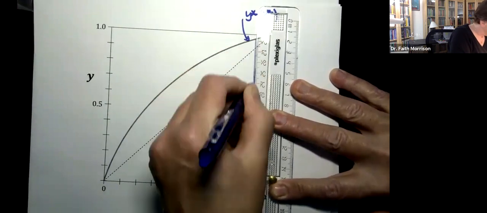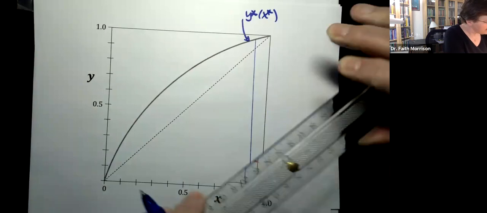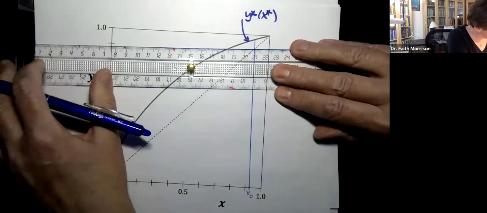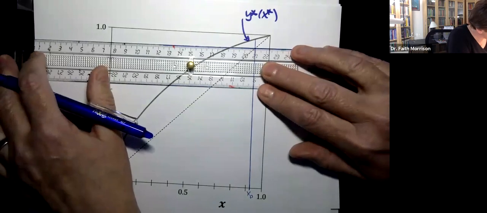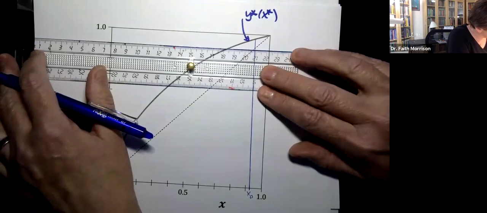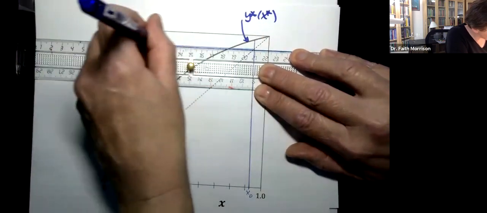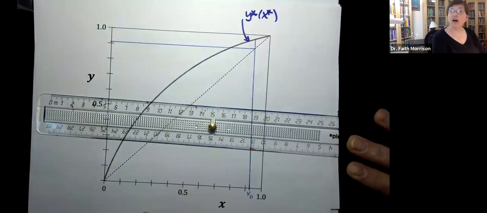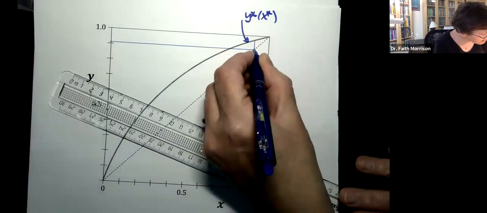Okay, so if this is xD, then y equals xD means that on this 45-degree line that's sketched in, this is one of the points, y equals xD, that's on the operating line. So this point is on the operating line.